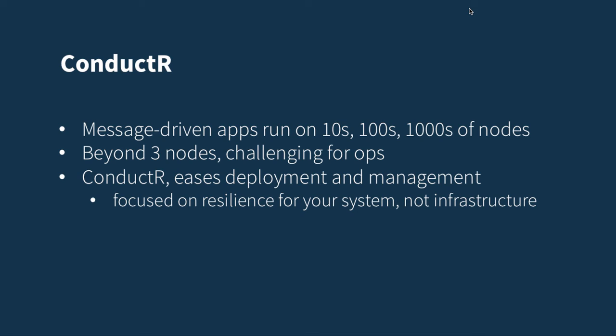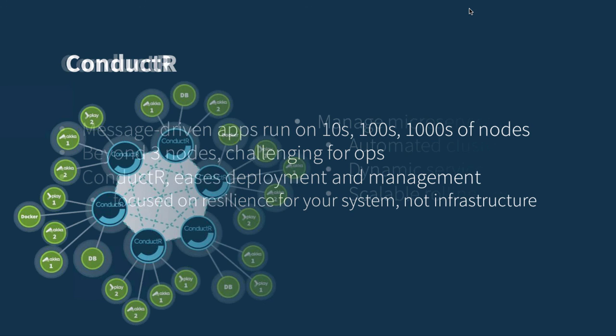And so when you're in that scenario, it's challenging for your operations team. How are you going to make sure that you have the correct number of instances of the application running on the nodes that are part of your cluster? And so that's where orchestration comes from.